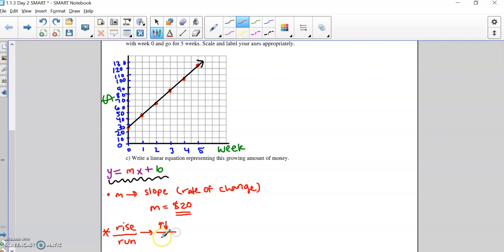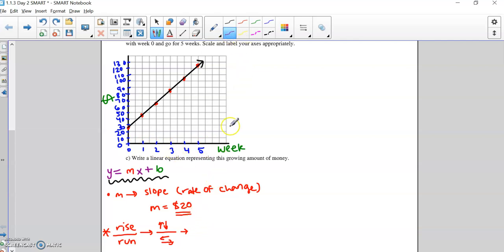Rise is up and down, run is left and right. So the thing is, our rise is with respect to the money, because that's on the up and down axis, whereas our run is the week axis, right? Because that's going left to right.